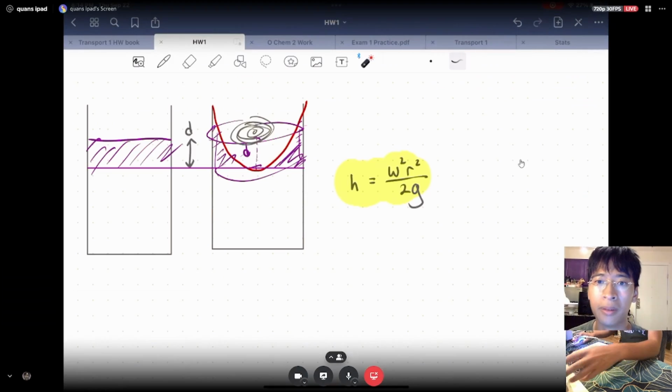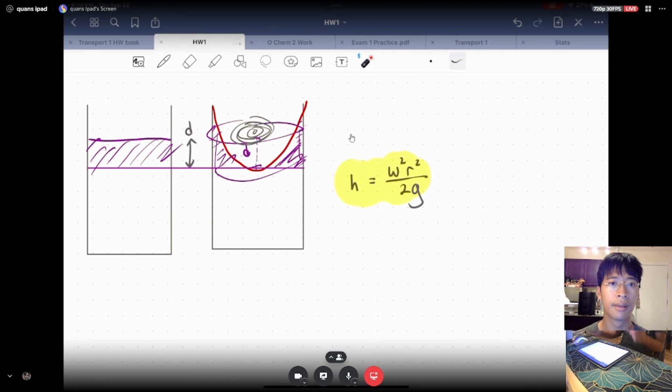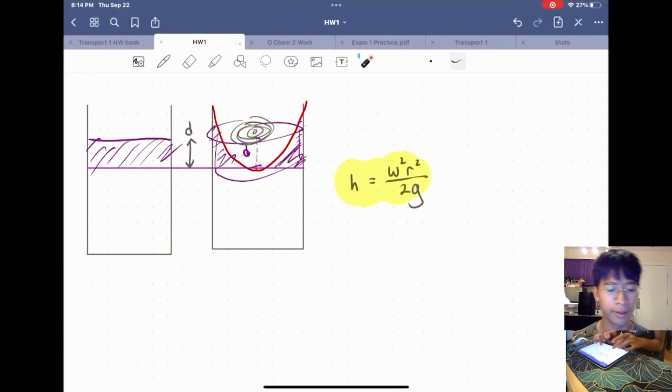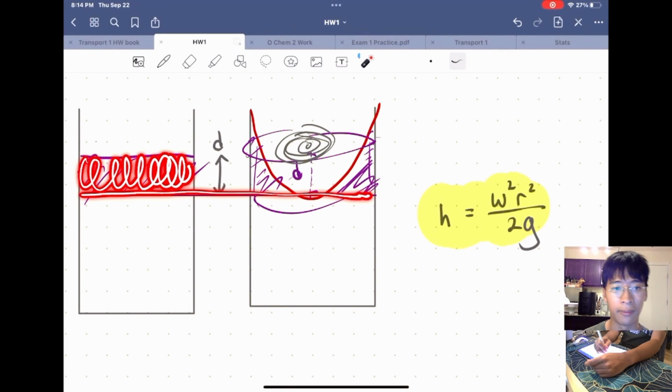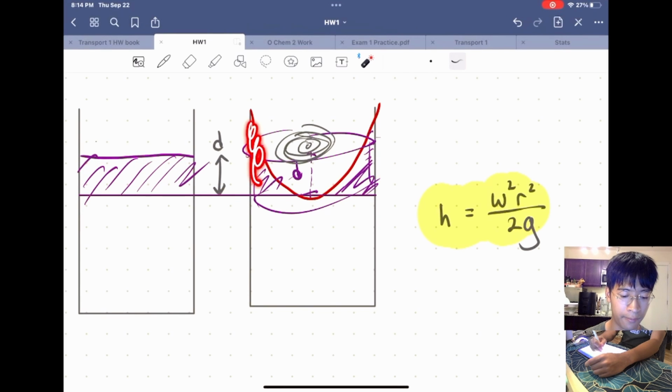Yes, I am. Wonderful. And if this is going to depress some, whatever that maximum level of depression is, from here to here, the volume of this chunk of liquid has to equal the volume being flung to the sides. So let's go off and use that idea.